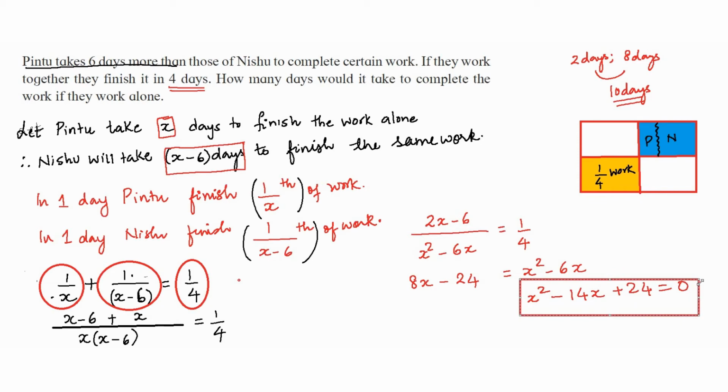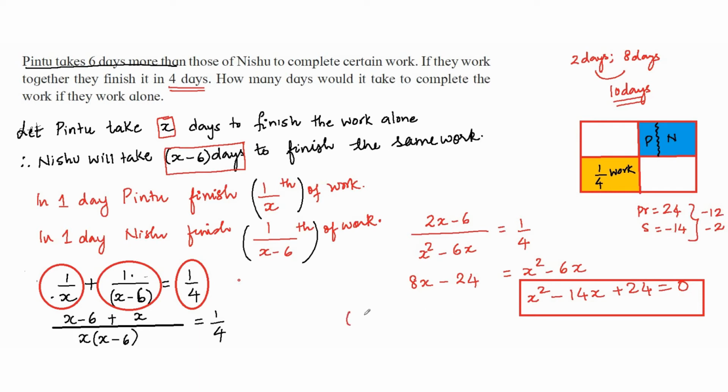Now I need two numbers whose product is 24 and the sum is negative 14. The two numbers would be negative 12 and negative 2. Negative 12 into negative 2 is positive 24, and negative 12 plus negative 2 is negative 14.